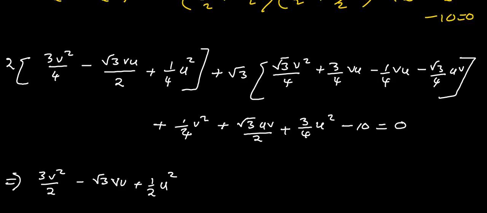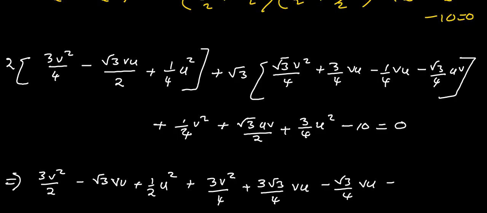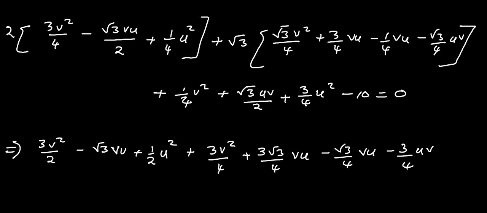So root 3 times this gives us 3 v squared over 4, then plus 3 root 3 over 4 vu, then this times that is negative root 3 over 4 vu, minus 3 over 4 uv. Then the last one, I won't have to change, I'll leave it the way it is: 1 over 4 v squared plus root 3 over 2 uv plus 3 over 4 u squared minus 10 is equal to 0.